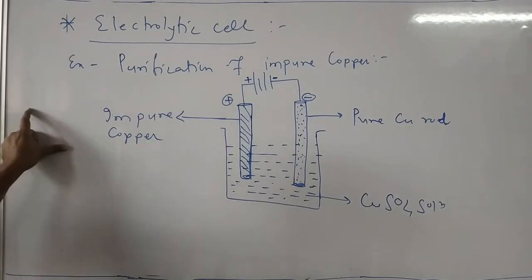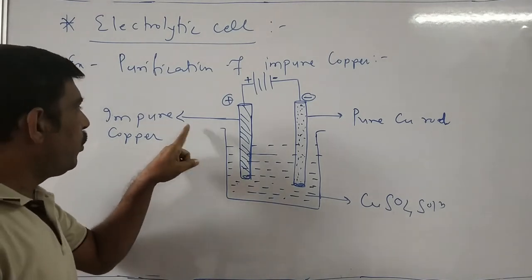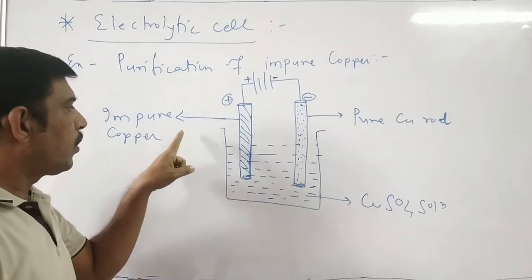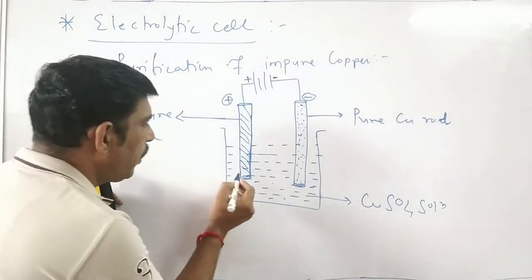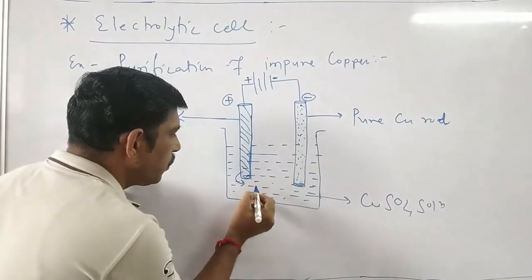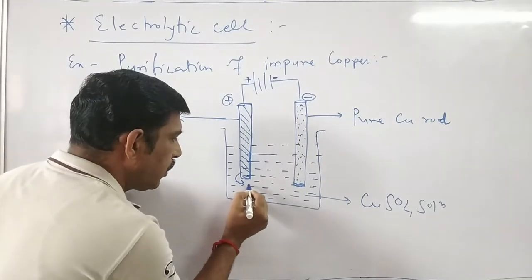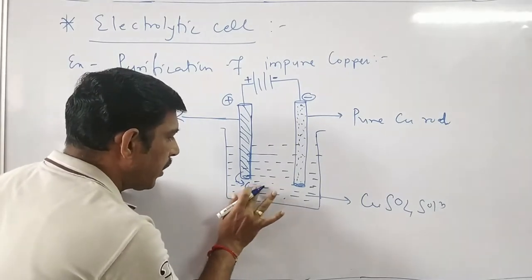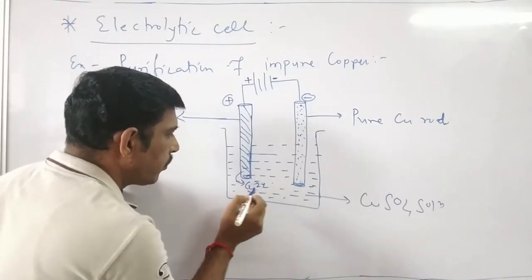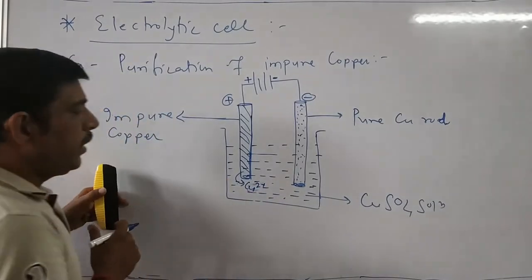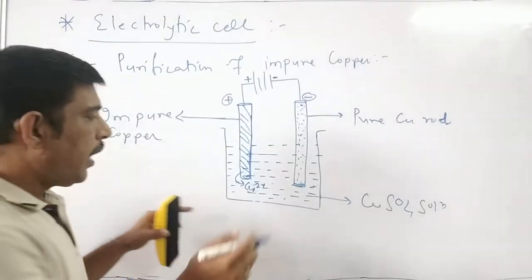So what happens after passing the electric current? From the impure copper, the copper ions go into solution.